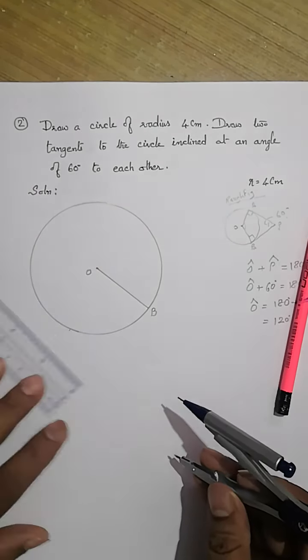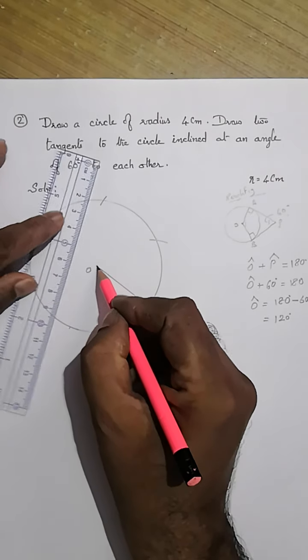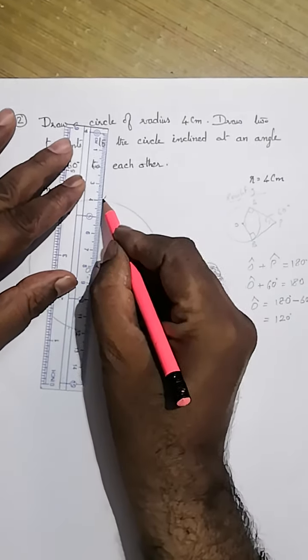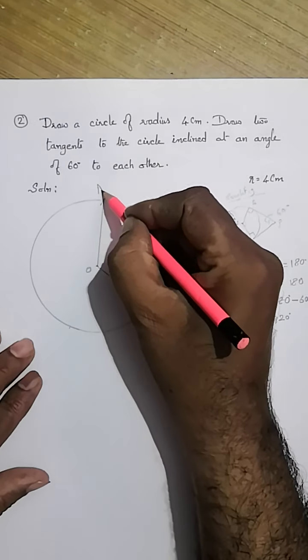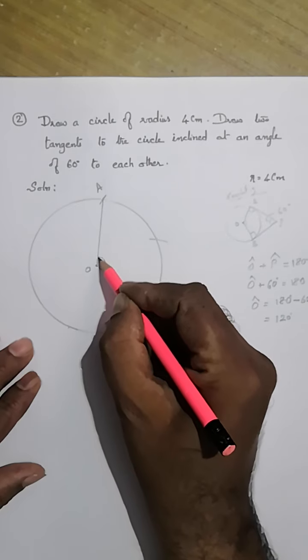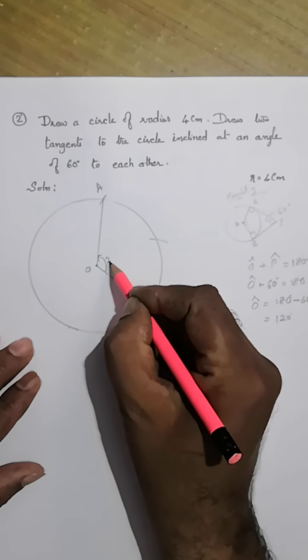Here it is 4 centimeters. If I cut 2 times, I shall get 120 at the center. Name it as A. Now I have got the angle at the center as 120.